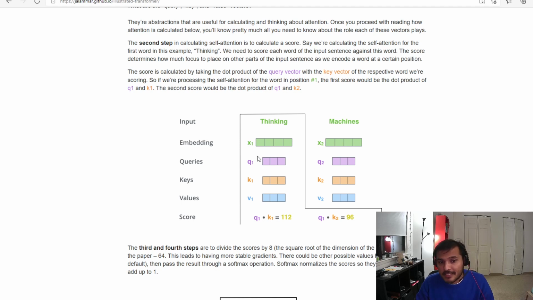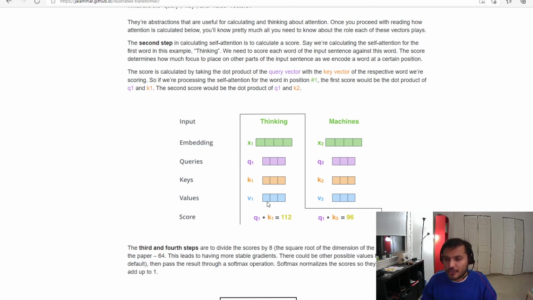I will take the dot product of its query vector with the keys of all the words in my sentence. So first I will do q1.k1 because I'm looking at itself first, then q1.k2. Now you would think, why am I looking at myself? That's just for completeness. So that's like the diagonal values in my matrix.